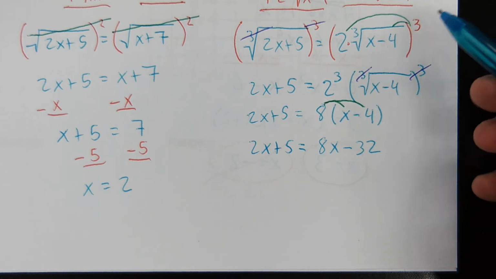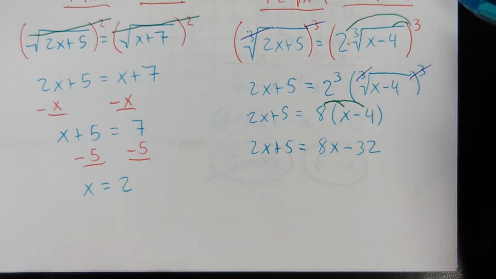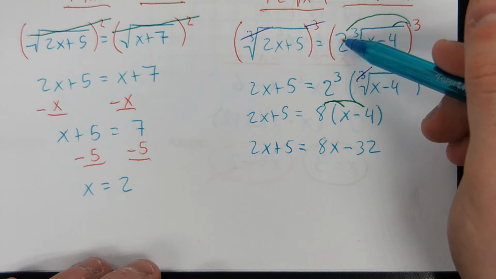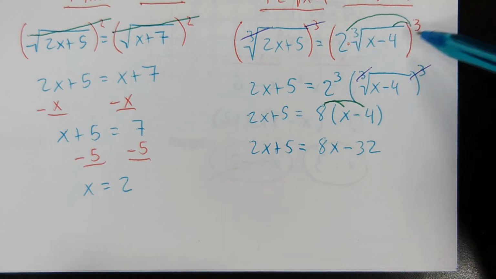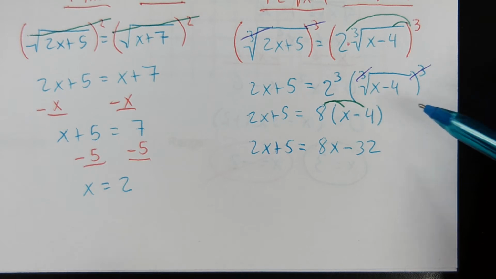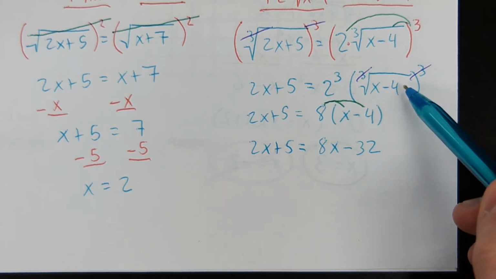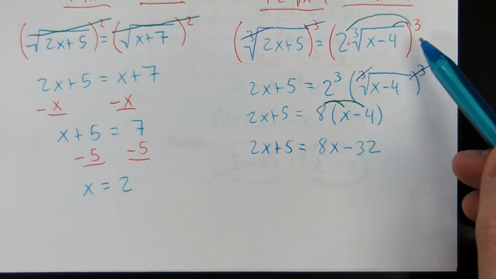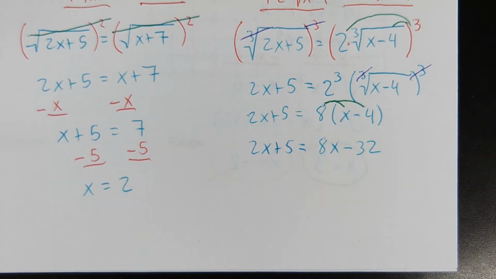And I was afraid if I went ahead and canceled them right here, that you would forget that this 2 also needs this exponent because it would have had a line through it. So I took one more step and I wrote it out saying, look, they both have the exponent. Now we'll cancel that radical. It was just a precautionary move to make sure that we didn't forget that the 2 also needed the exponent.